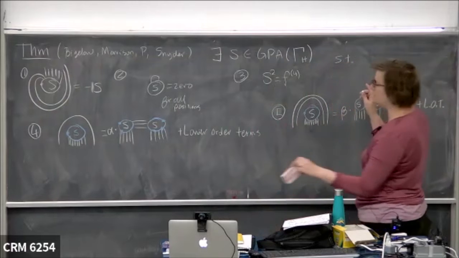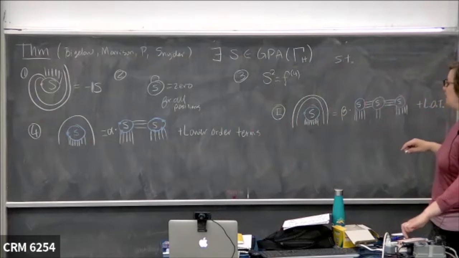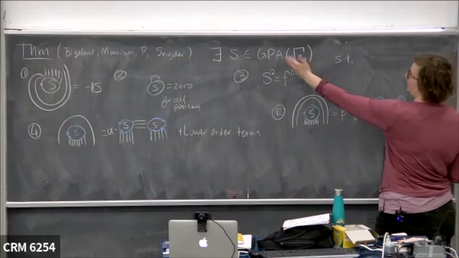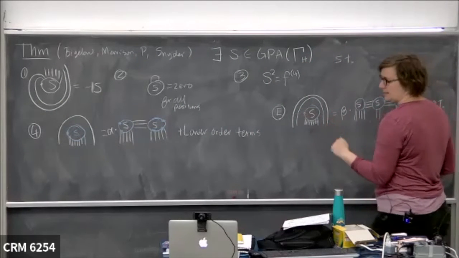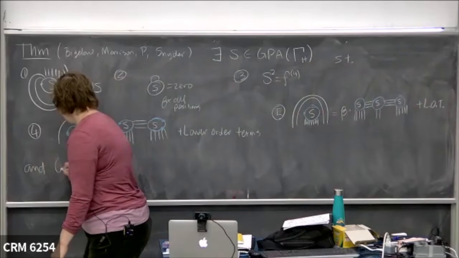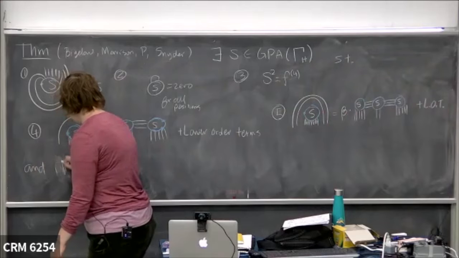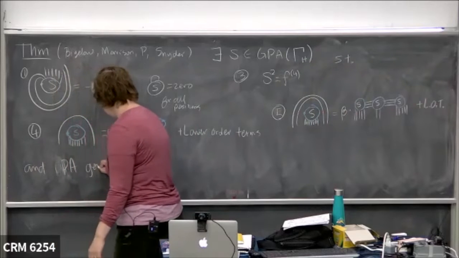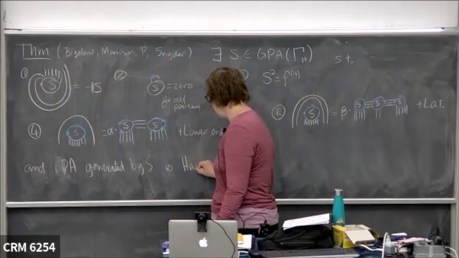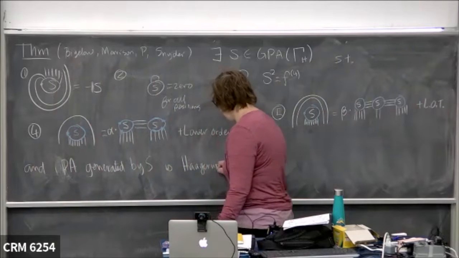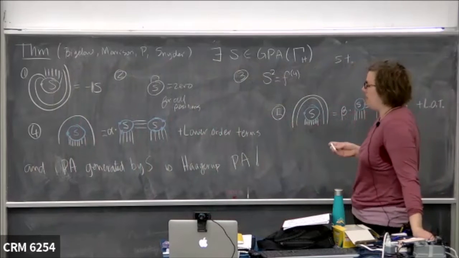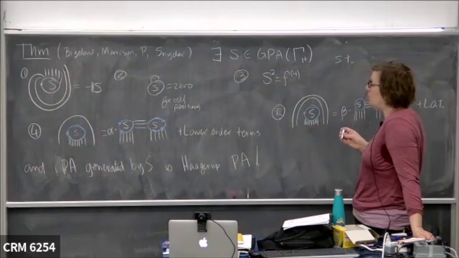Okay, so the theorem is that with these 5 requirements, we can find an element in the graph planar algebra that satisfies these, and the planar algebra generated by S is the Haagerup planar algebra. Okay. So right.